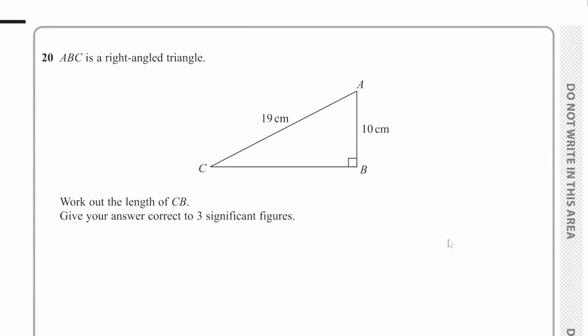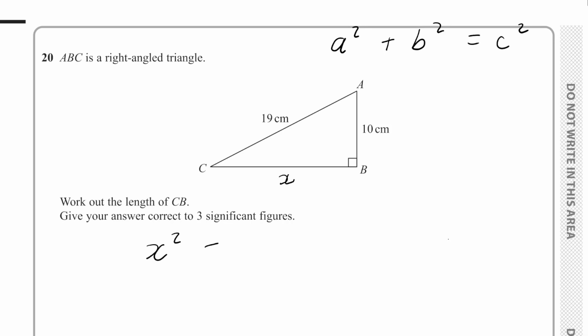Question 20. ABC is a right-angled triangle. Work out the length of CB. So it's Pythagoras. We've got a squared plus b squared equals c squared. The two short sides squared and added together make the long side squared.